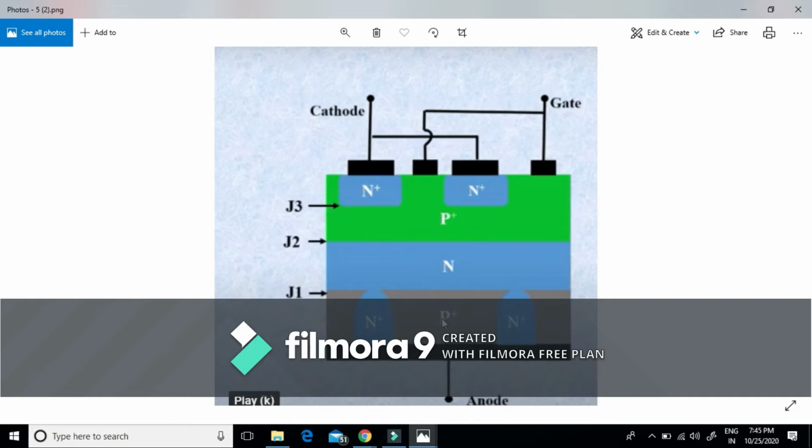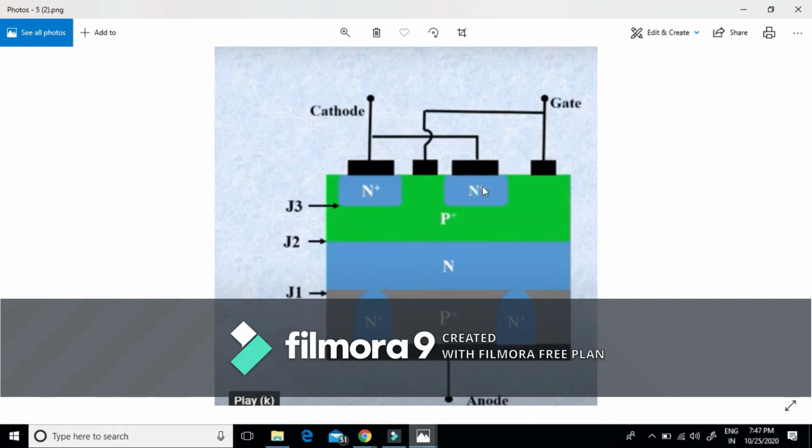On a highly doped P+ layer, we have diffused an N layer, and on that we have diffused a highly doped P+ layer, and on that we have diffused a highly doped N+ layer.